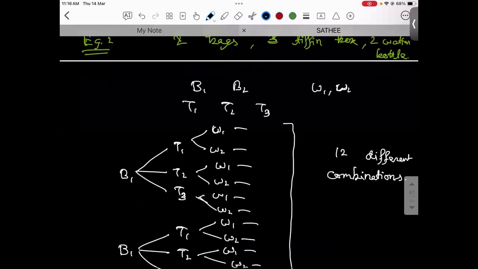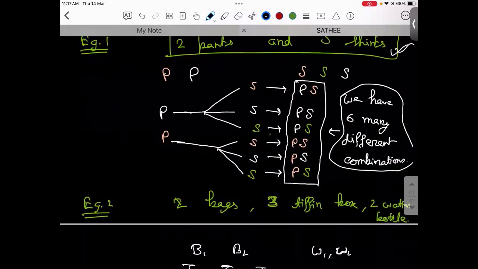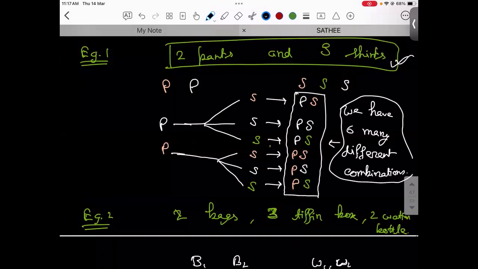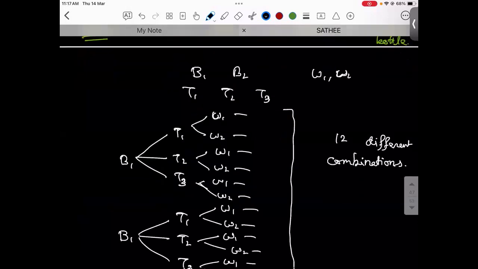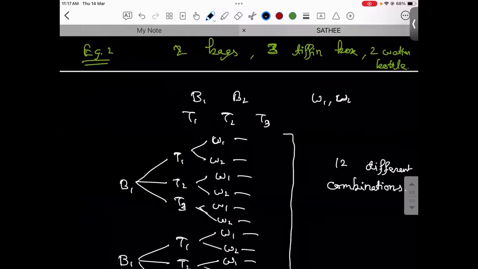Here the number of combinations was 6, which is nothing but 2 into 3. Similarly, in the later case, 2 into 3 into 2 equals 12, which is the number of different combinations of choosing the bag, tiffin box, and water bottle.